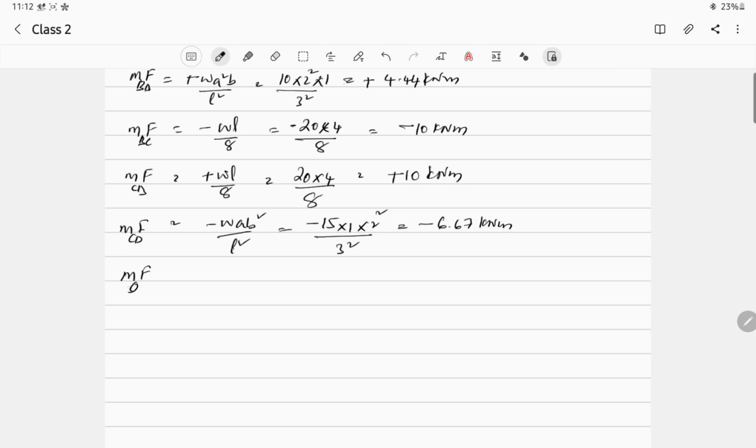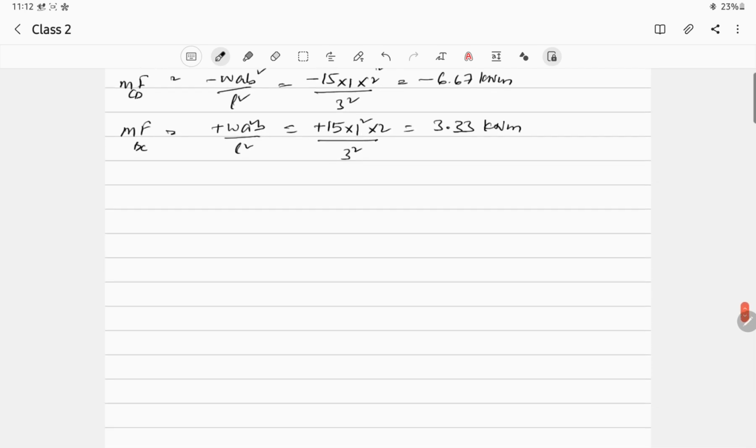And MFDC is equal to plus WA square B by L square, which is equal to plus 15 into 1 square into 2 divided by 3 square, which is equal to 3.33 kilonewton meter.